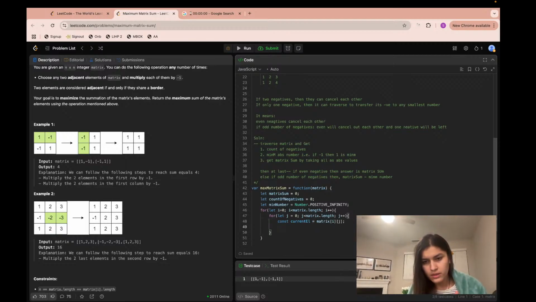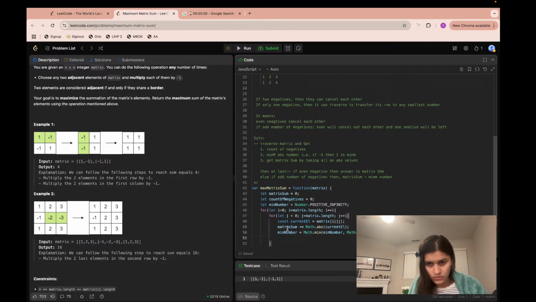First of all, I can do matrix sum plus equal to Math.abs of current element, and another thing I should get is the minimum number.